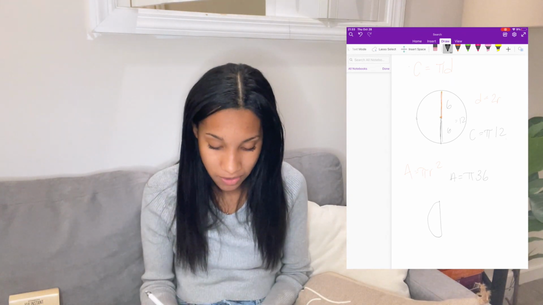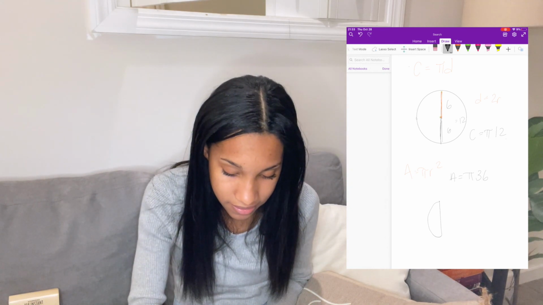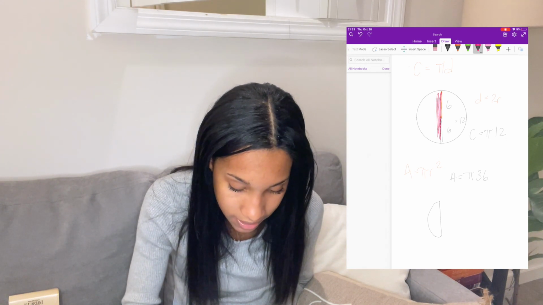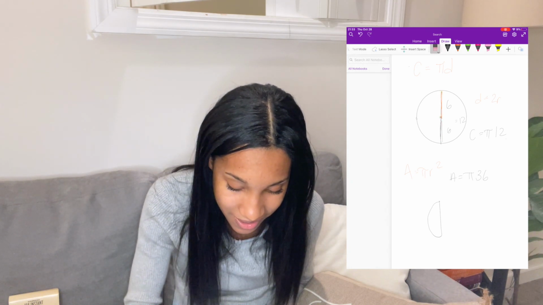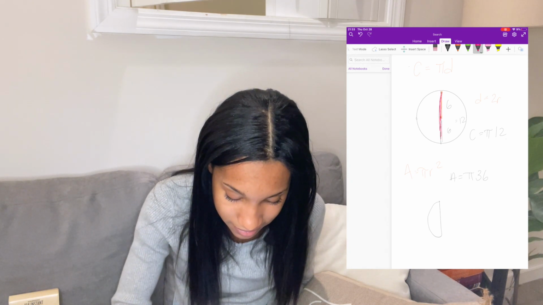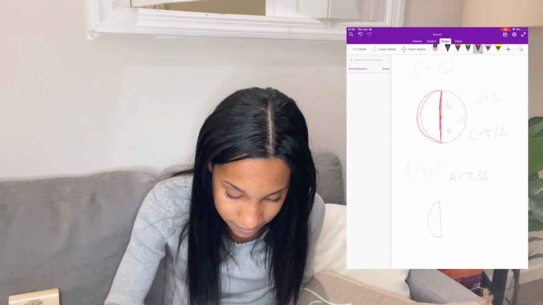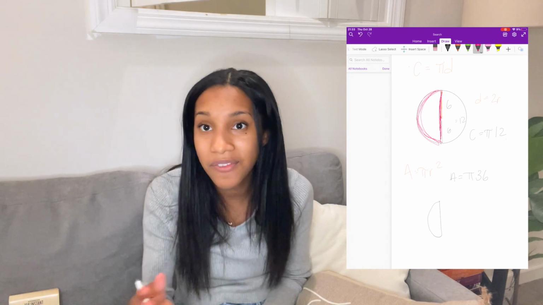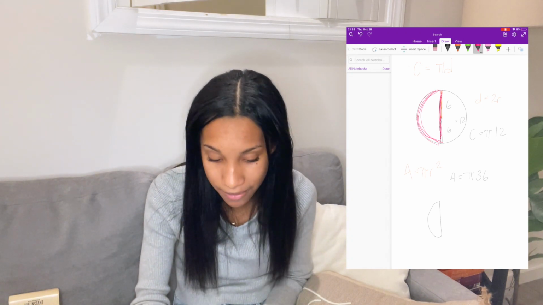Hopefully that makes sense. What you're gonna look for is this part. It's gonna be half of your circumference, and you're gonna add on what your diameter is.